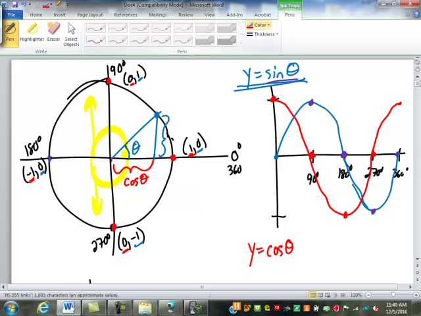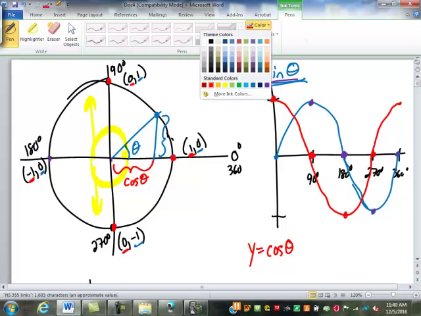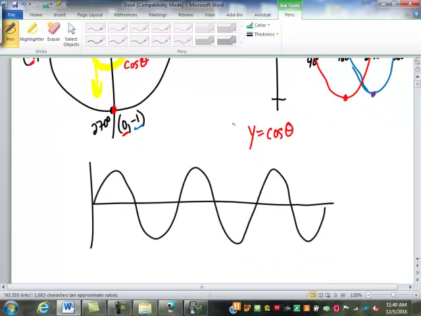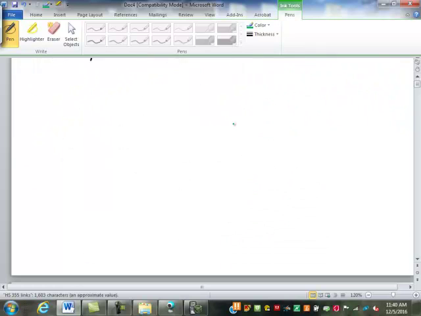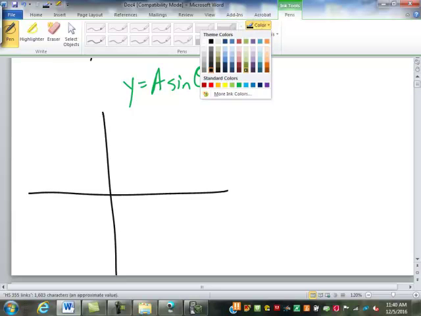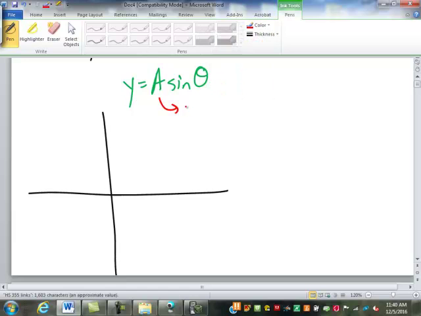Now there are a few things that can happen to that. The first and the simplest is multiplying the sine or the cosine. What if we have y equals a times the sine of theta? What that does, that a multiplying the sine, is it changes the radius of the unit circle.